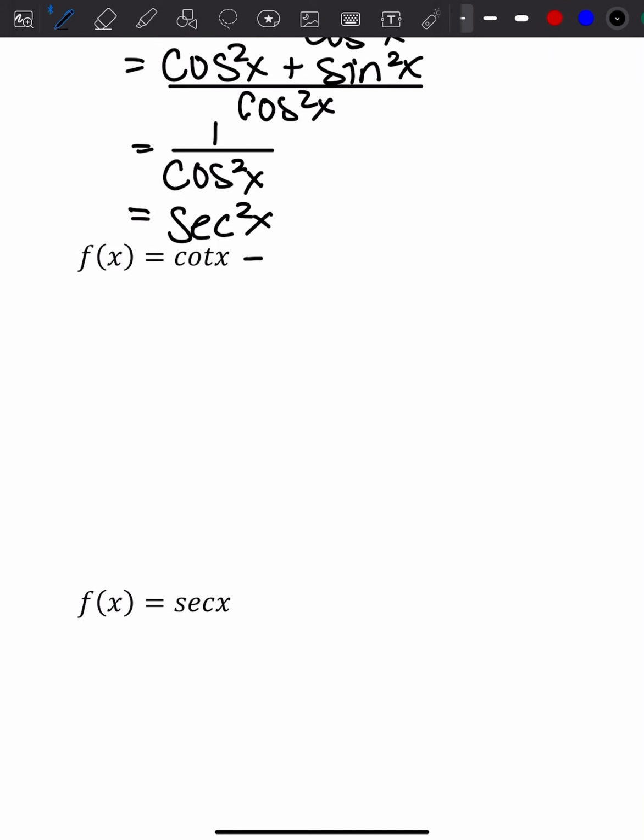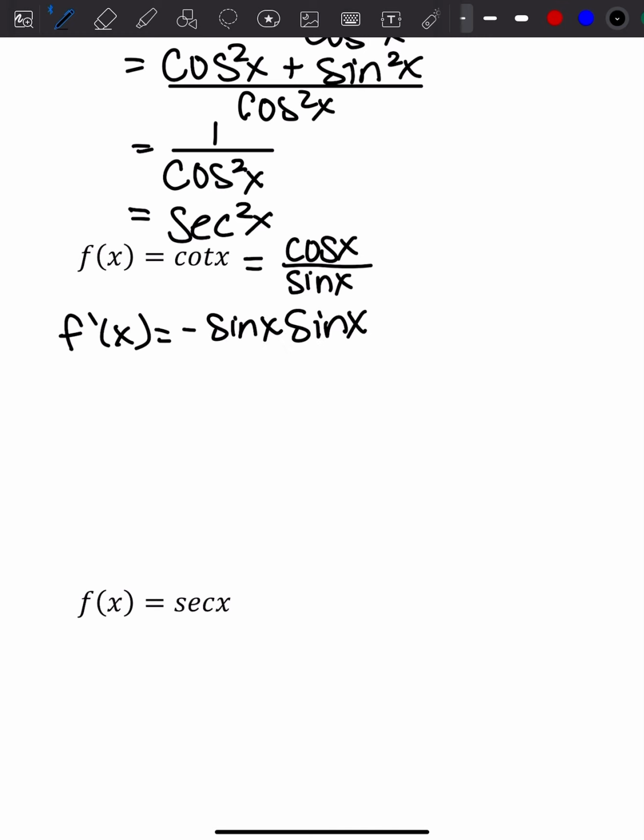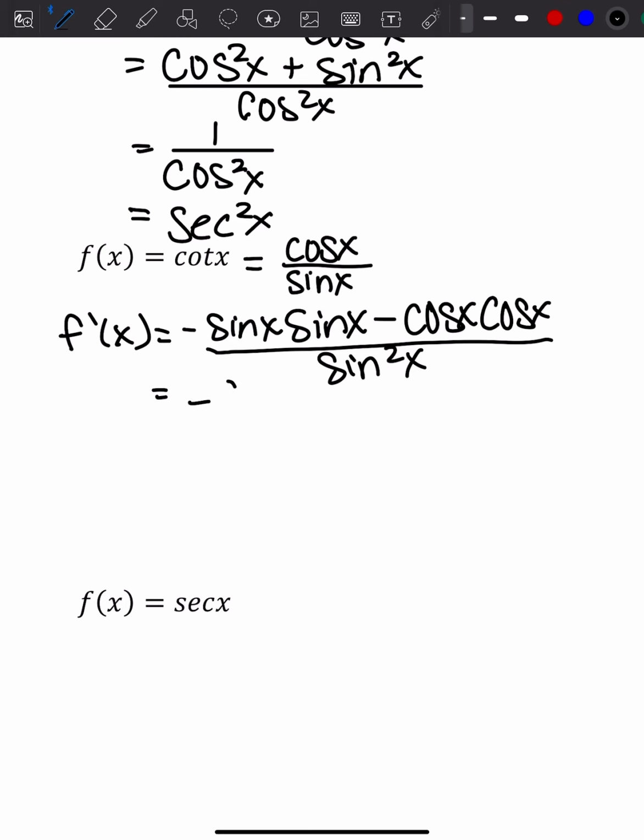If we look at cotangent, we just have to remind ourselves that cotangent is the reciprocal of sine over cosine, so cosine over sine. We would do the same thing. The derivative of cosine is negative sine times sine minus the derivative of sine, which is cosine times cosine, and we are going to divide that by sine squared this time. So we have negative sine squared minus cosine squared, divided by sine squared x.